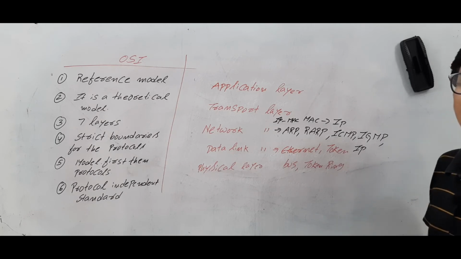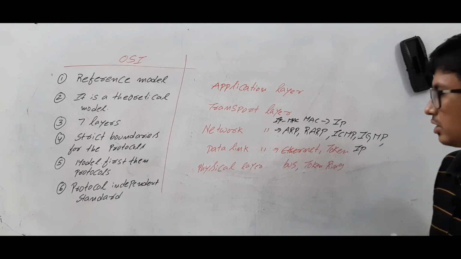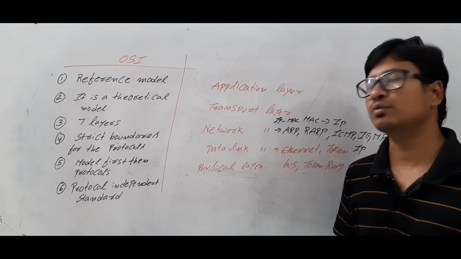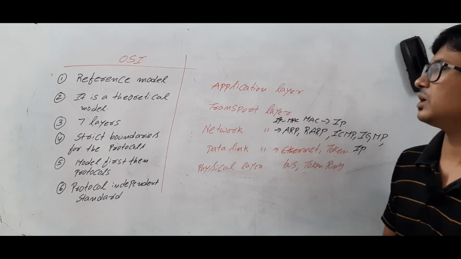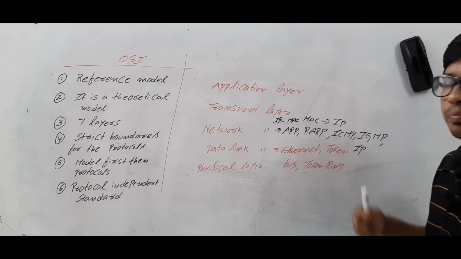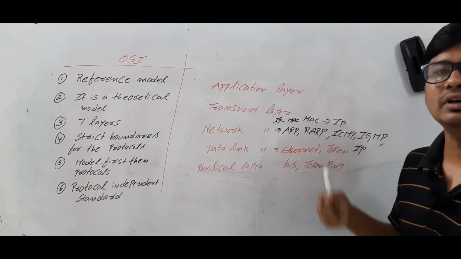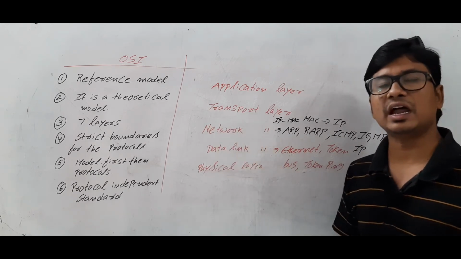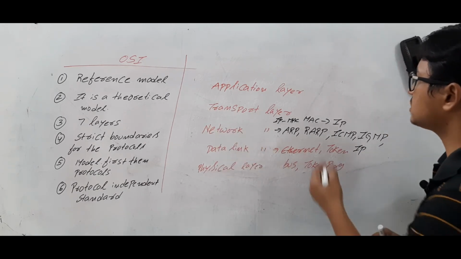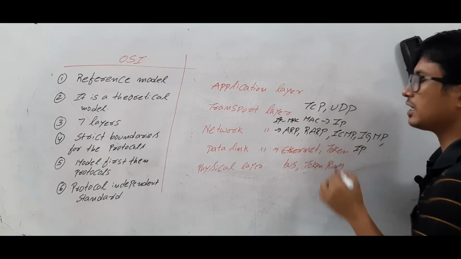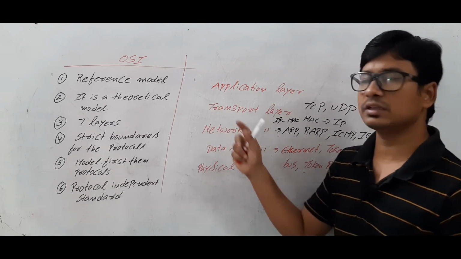And we have IP, which is Internet Protocol. All these protocols are used at the network layer. Coming to the transport layer, TCP and UDP are the standard protocols we use.